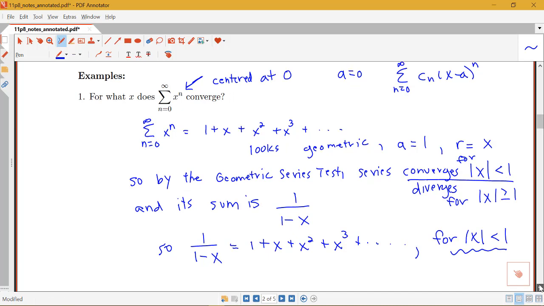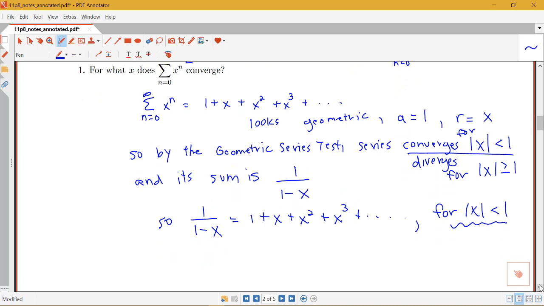We also want to use this example to introduce some terminology that we're going to be using when asking questions about where a power series converges.